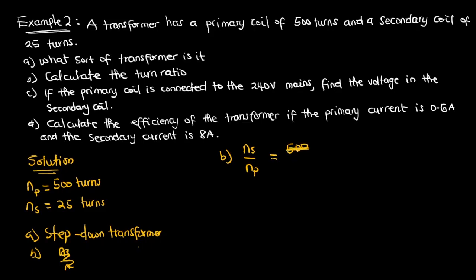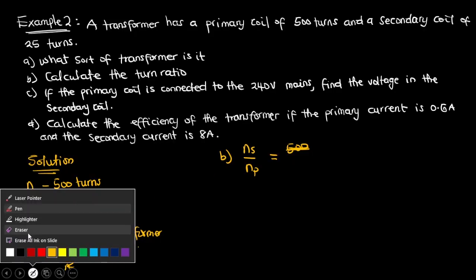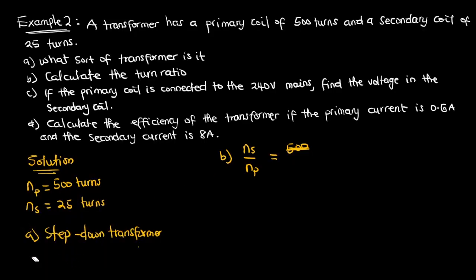Sorry, NS is 25. So let me clear that. So our NS is 25. Our NP is 500.